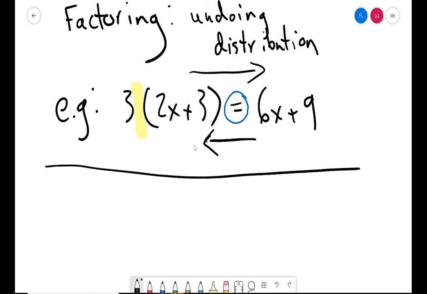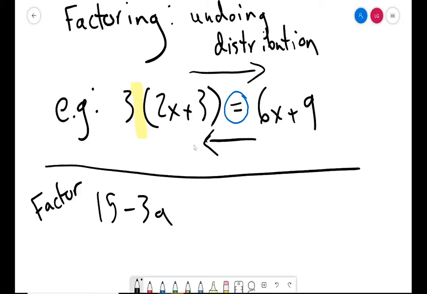So let's just immediately jump into another example. Let's factor 15 minus 3a. Take your time, and look at common cross terms.